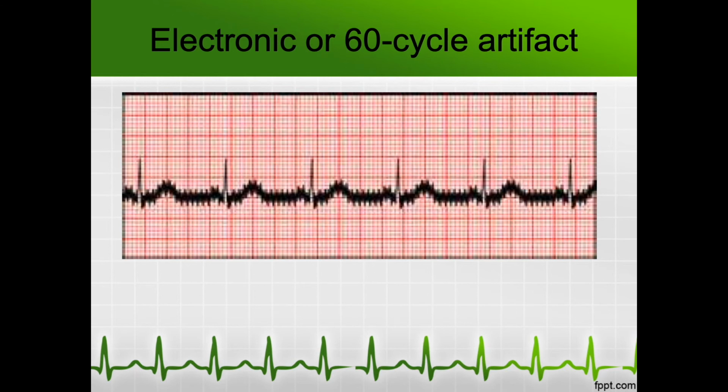And sometimes these extra lines and interference can be caused by the equipment itself malfunctioning or not working properly. This means the nurse needs to be aware of the proper functioning and the proper placement and the proper outcome or expected patterns when performing an electrocardiogram on a patient.